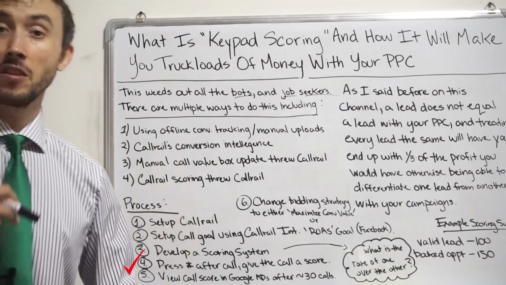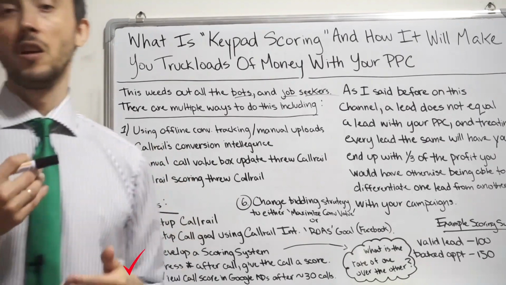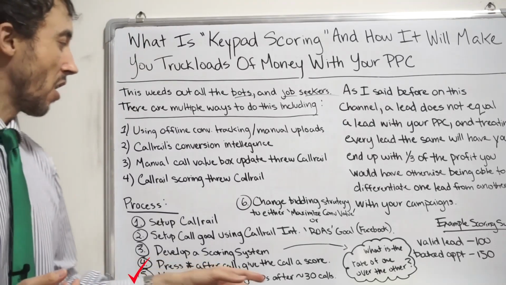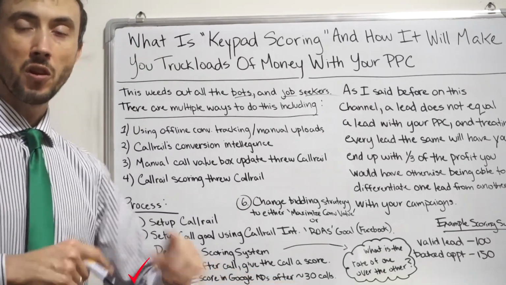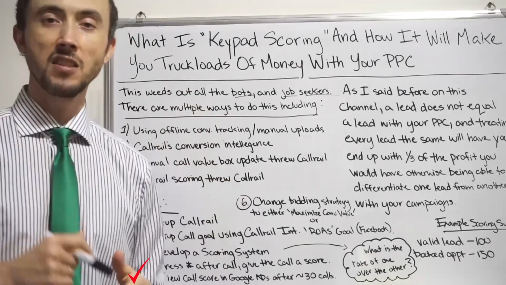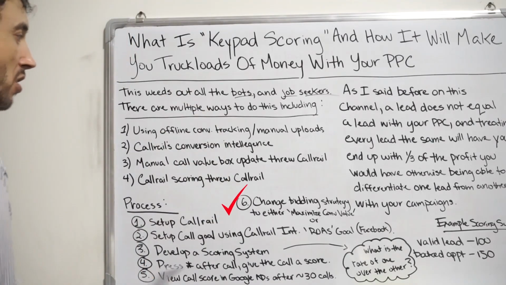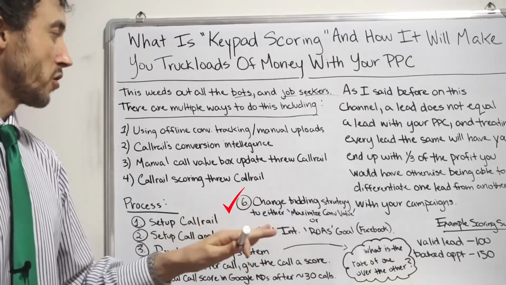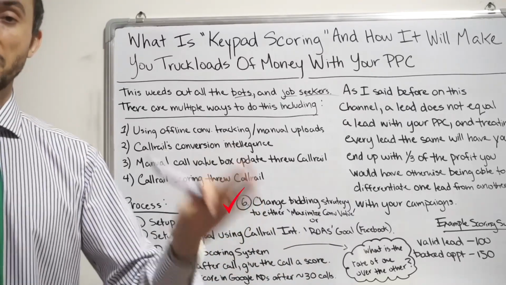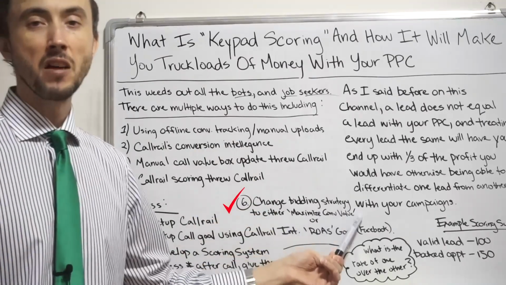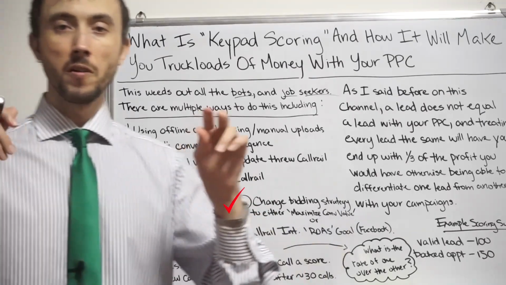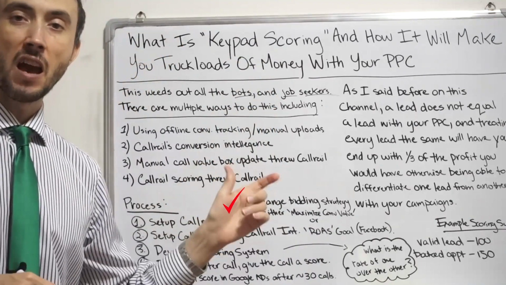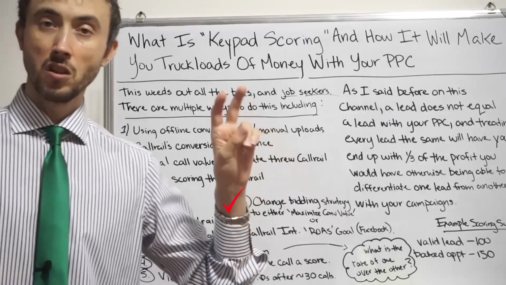Ultimately, once you've got all that done, these call scores are starting to come in and showing up in your ad account. Once you've gotten at least 30 calls where the call score has been piped into your account, that's the time, if you haven't done it already, to change the bidding strategy on your campaigns from maximize conversions, if we're talking about Google Ads, to maximize conversion value, which is going to optimize for the value in the value section of your account, not whether a conversion came in.